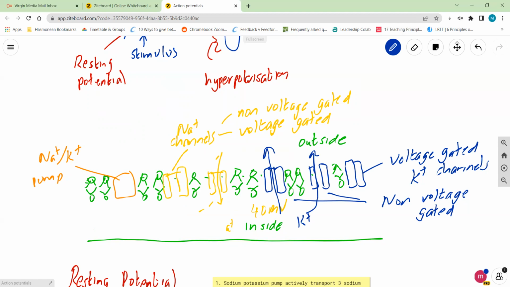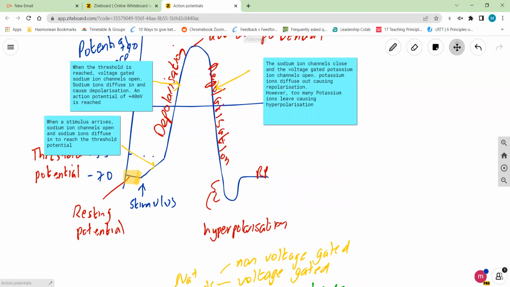And that takes it from plus 40 to about minus 85 millivolts or lower, which is the hyperpolarization. And then last thing you're going to have to do is over here, which is restore the resting potential. And you do that in exactly the same way as you made the resting potential in the first place.